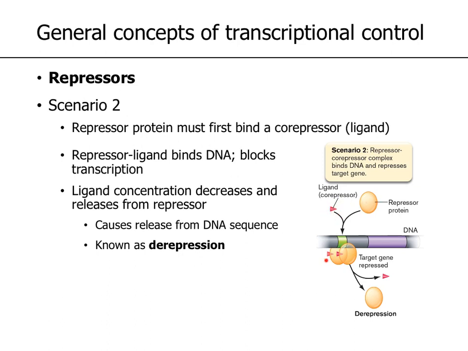Once this binds, then it can latch onto the DNA. And so in order to turn the genes back on, when the concentration of the co-repressor decreases enough, it will eventually dissociate from the repressor protein, and then the repressor will fall off. This is known as de-repression.